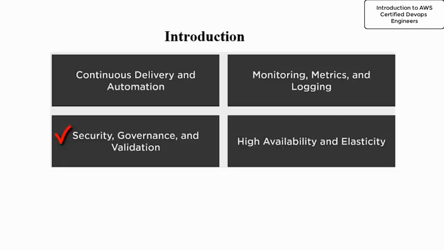All that we have to validate in this block. So this block will generally deal with IAM policies, S3 bucket policies, and whatever is related to security, cost management and validation. And the last block will be covering high availability and elasticity.